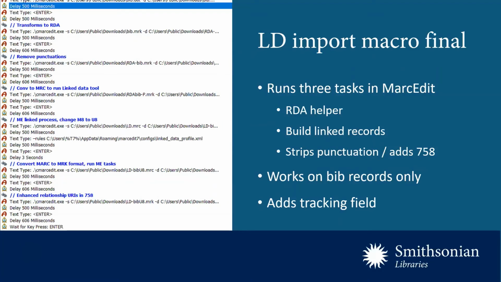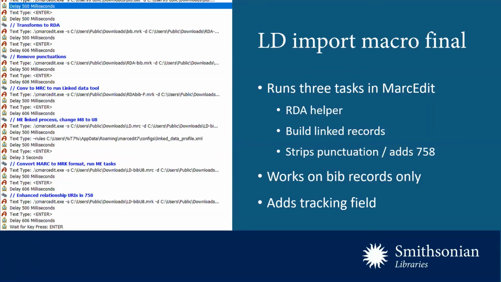Our final version of the macro does a number of things for us. You can see this kind of macro express language on the left-hand side of your screen here. After you have exported your bib records from OCLC, you would run this macro. The macro would then call up MarcEdit. It takes your record set through a series of tasks, saves and converts your file, and then imports the records into the ILS.